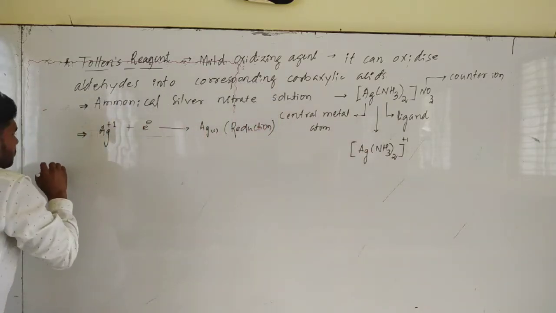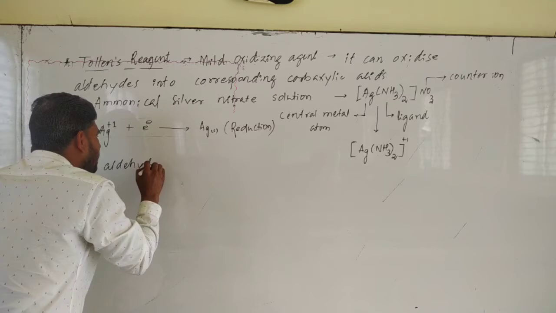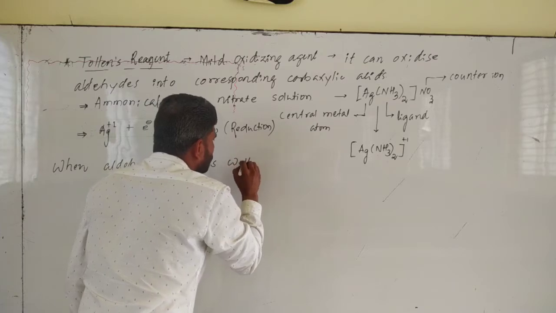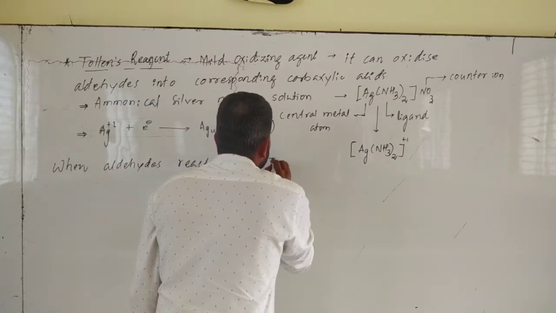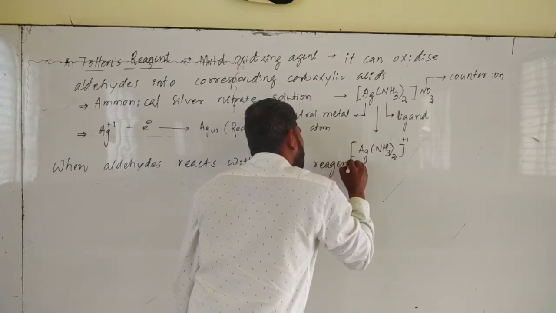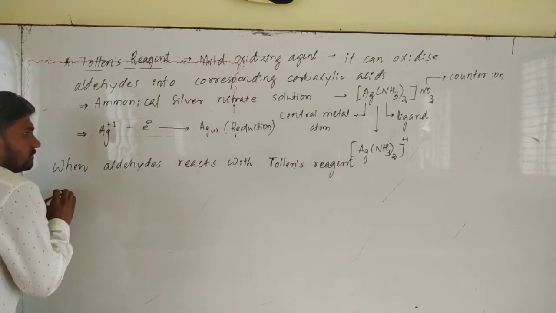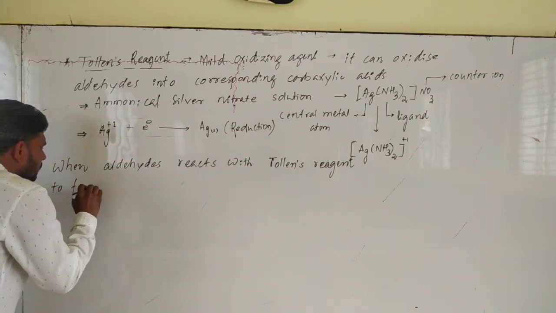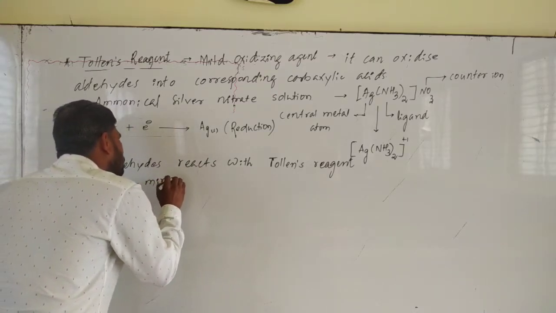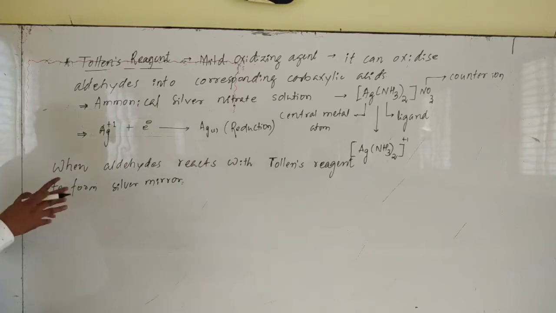What happens when aldehydes react with Tollens reagent to form a silver mirror? Means a shining silver mirror is formed.